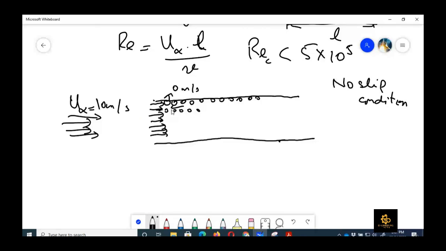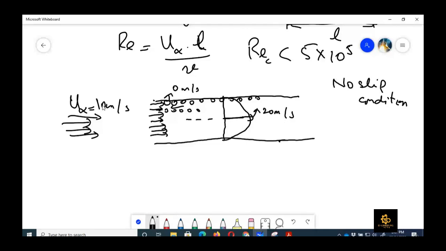But when it is reducing in the second layer, in the central layer it would be increasing, because in order to maintain the same flow rate, if the velocity is decreasing near the wall, then at the center, where the viscosity effect is very low, the center line velocity would be more than 10 meter per second. If I draw that velocity profile here, it would look something like this. In the center, maybe its value would be 20 meter per second.